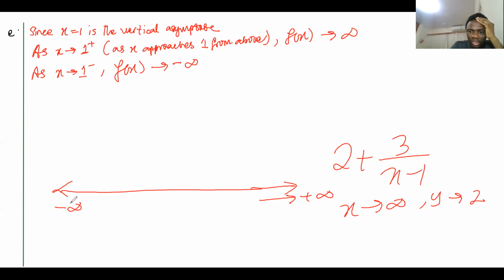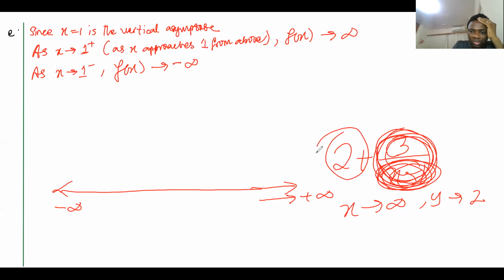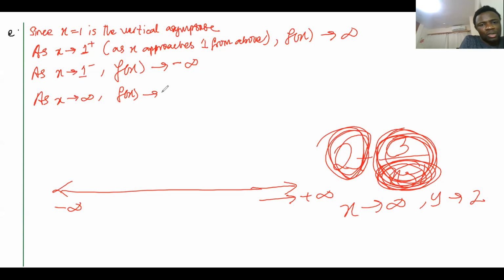Yes. All right. For the positive infinity, this looks still positive, right? So this becomes 0 from the positive side. So we say y approaches 2 from above. So as x tends towards positive infinity, f of x tends towards 2 from above.